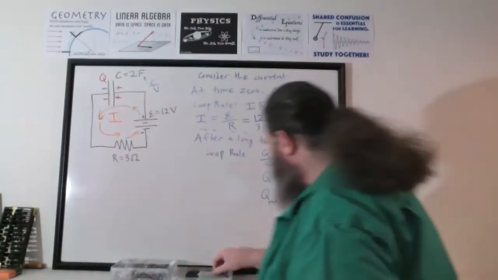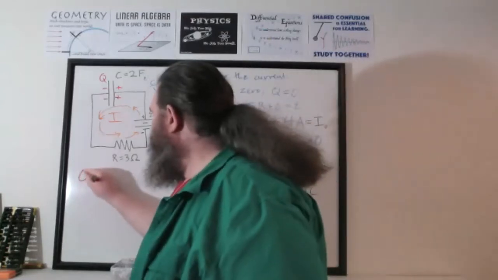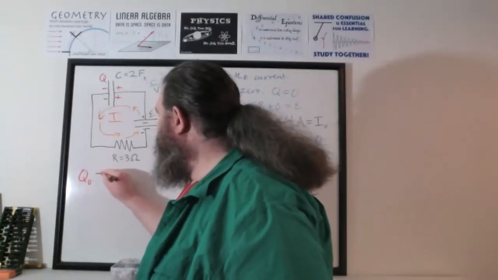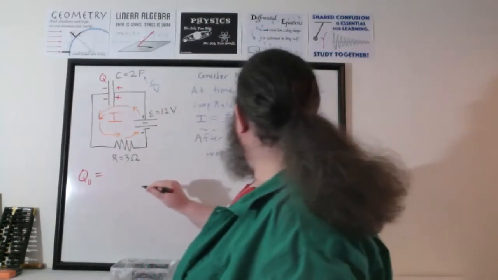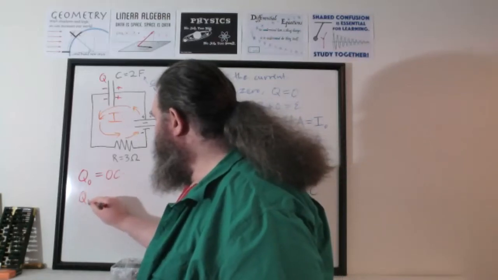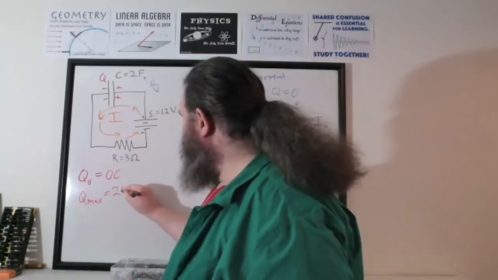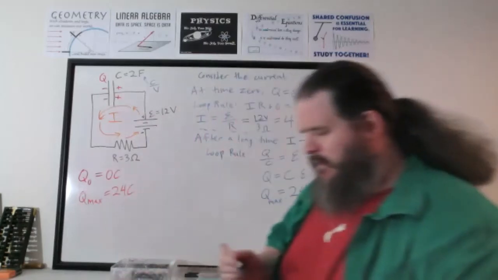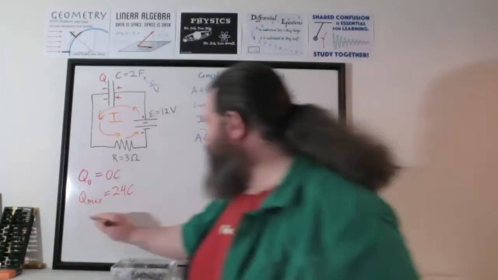So if we set up a graph of that, let me just make a note of our starting and ending values. Q initial is going to be, what was that, 0. Q final, Q max, is going to be 24 coulombs. And then as for the current, it started off at 4 amps.